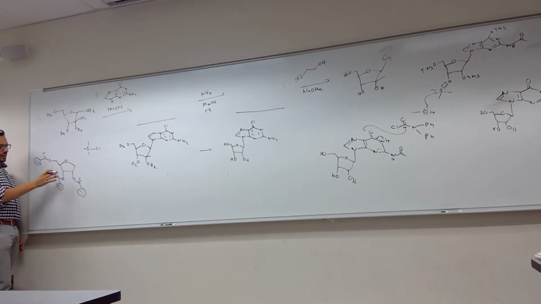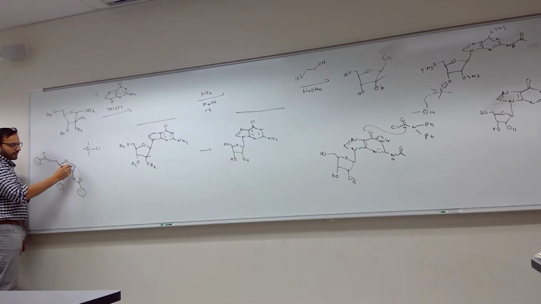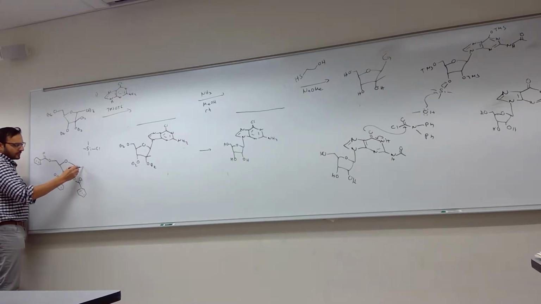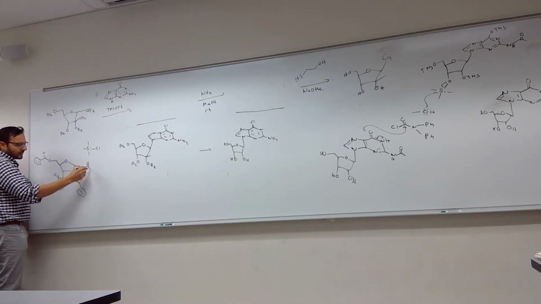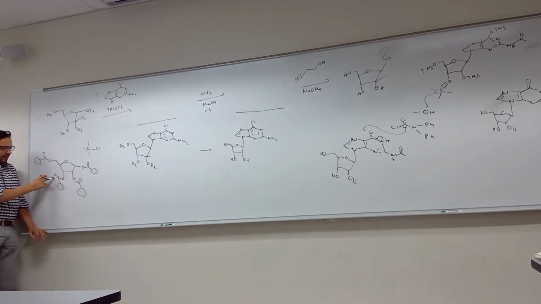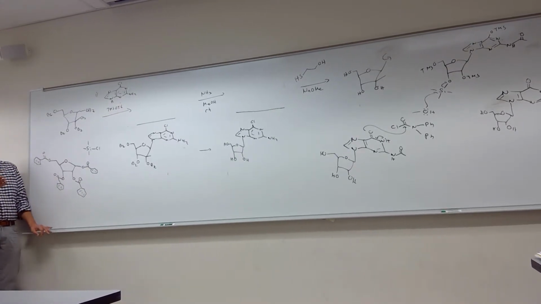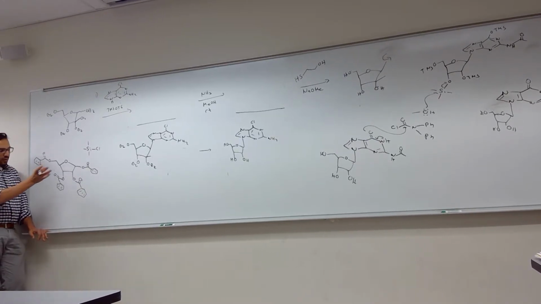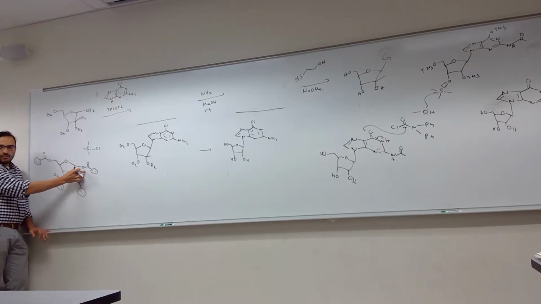I'm just wondering if it adds to each of those carbonyl groups. But even if it adds, or even if you get it to go here, nothing's going to happen, it's just going to fall off. It's not stable. I mean, the only reason this is attacking here is because it's assisted by this.